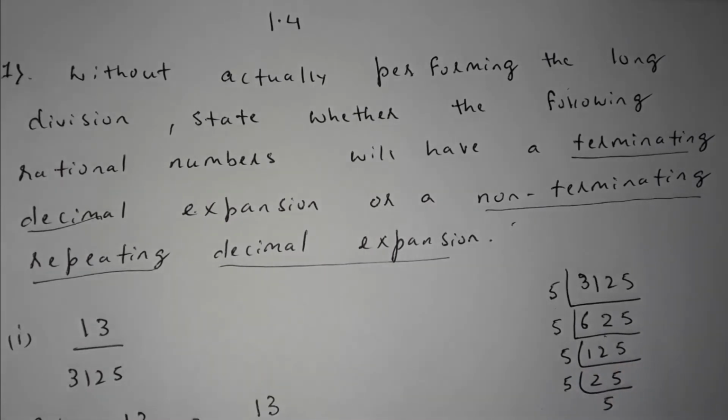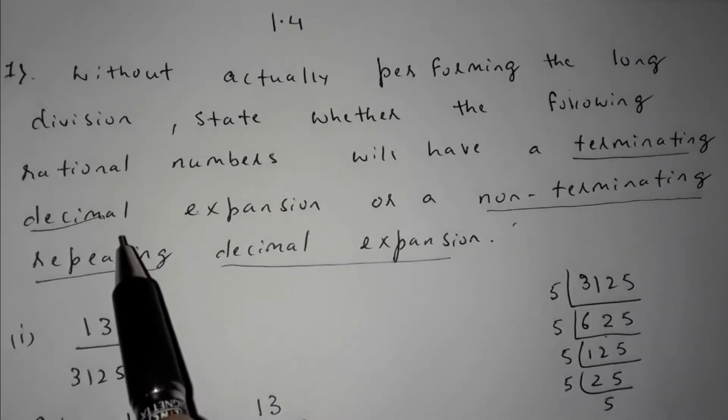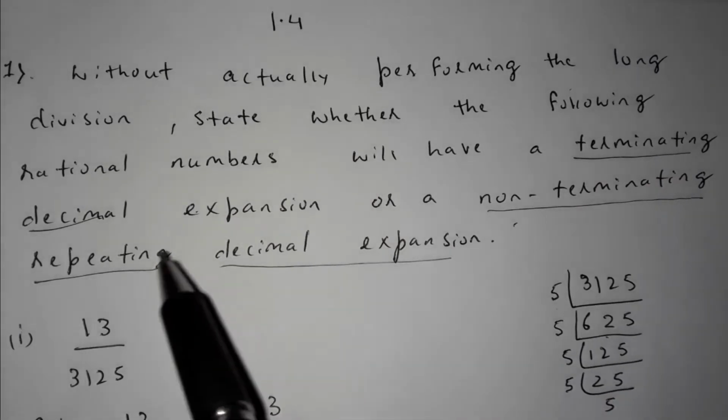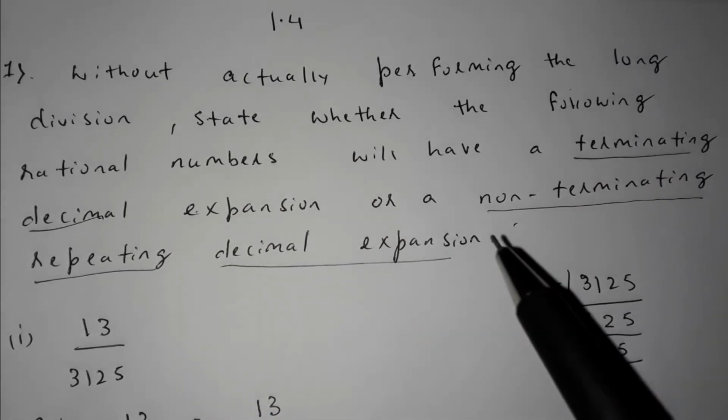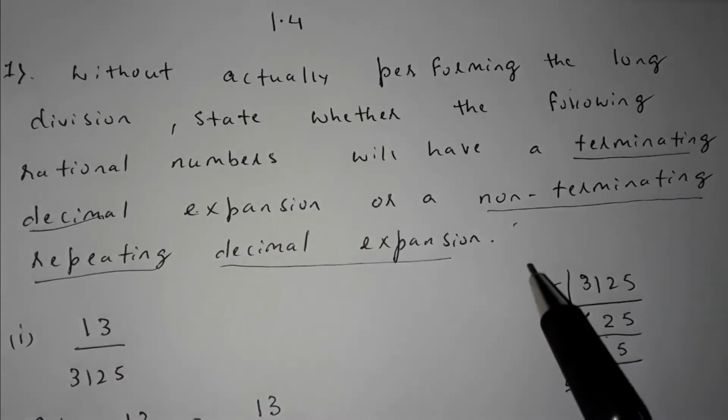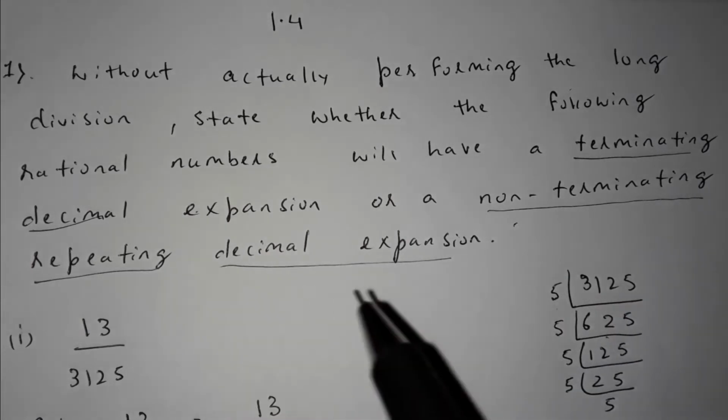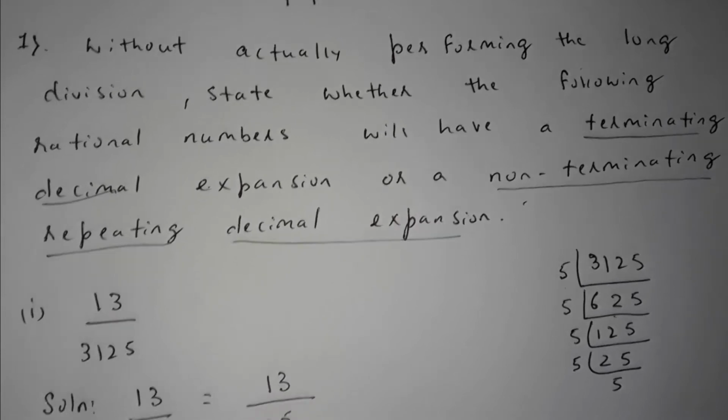Non-terminating, non-repeating means an irrational number. Okay, remember this: terminating decimal and non-terminating repeating decimal are rational numbers. Non-terminating, non-repeating are irrational numbers.